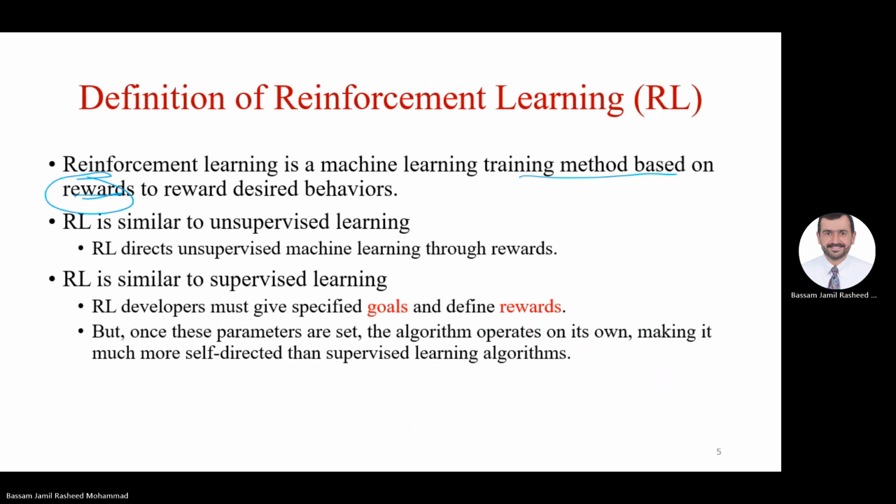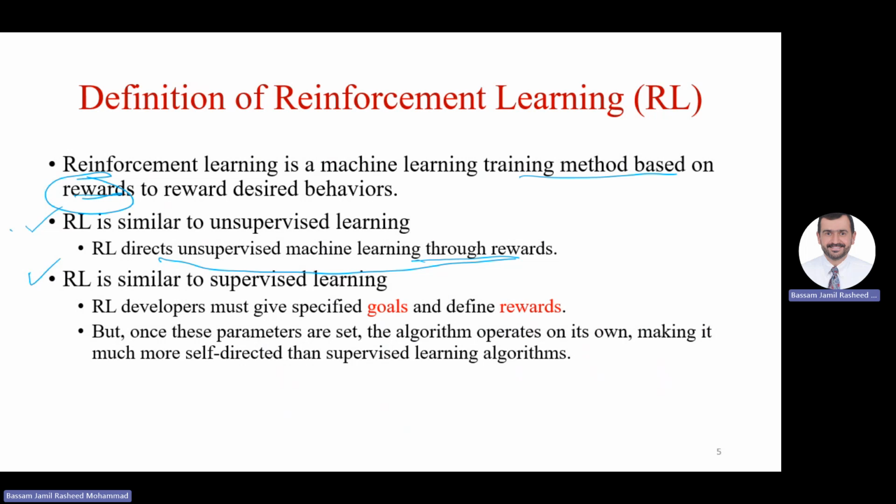There are similarities between reinforcement learning and supervised and unsupervised methods. In terms of unsupervised methods, we use these rewards. We direct the unsupervised machine through the rewards. We don't have a ready-made classification for the right answer, so we don't have a labeled data set for the system to learn from.